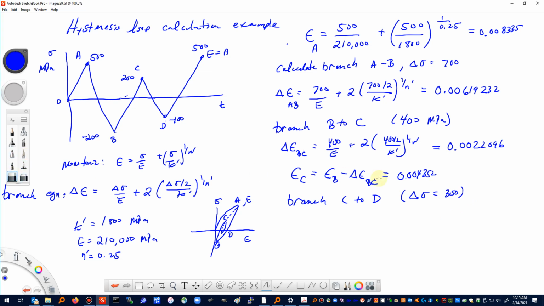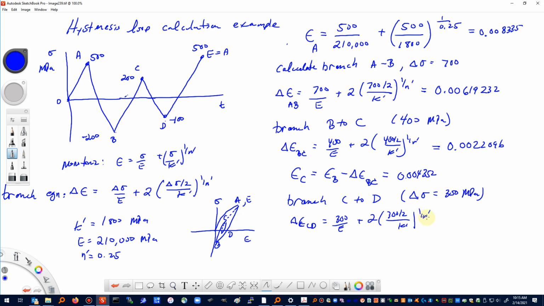Now let's go ahead and put the units on there. So we calculate the change, delta epsilon from C to D, would be 300 over E plus 2 times 300 over 2 K prime to 1 over N prime power.